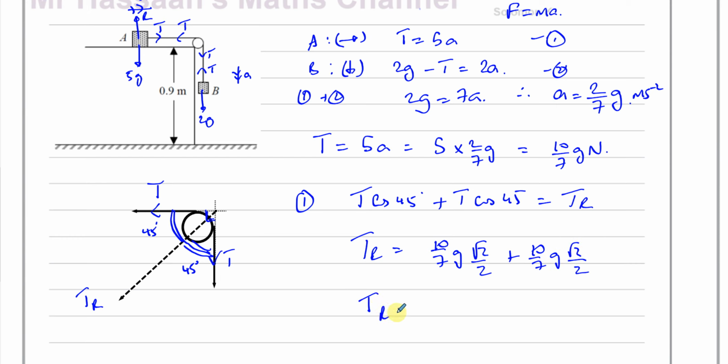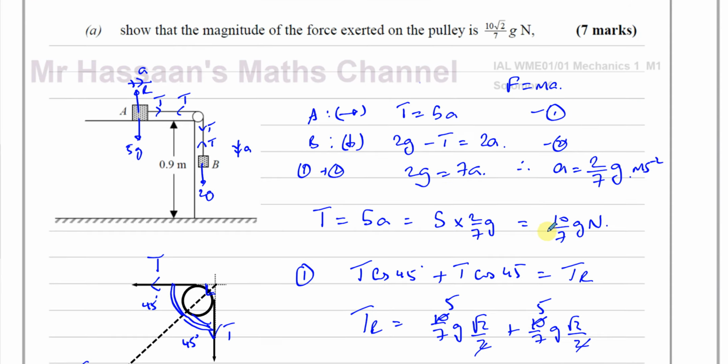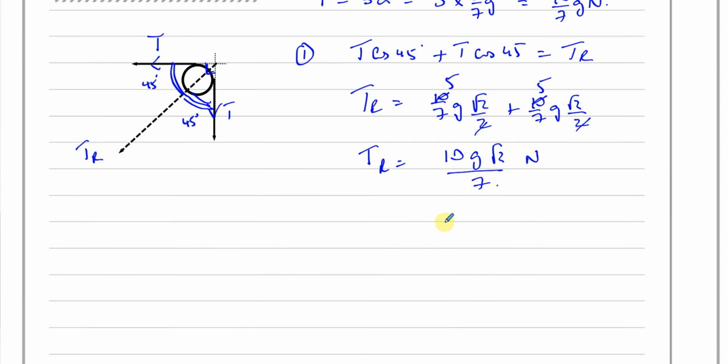That cancels with that, leaving you with 5, and that's 5, so it's 5G root 2 over 7, and there's another 5 of that, so that's 10 times G times root 2 over 7. That's the answer, and it says 10 root 2 over 7G. That's right, so I'll just rewrite it the way they put it: 10 root 2 times G over 7 newtons.